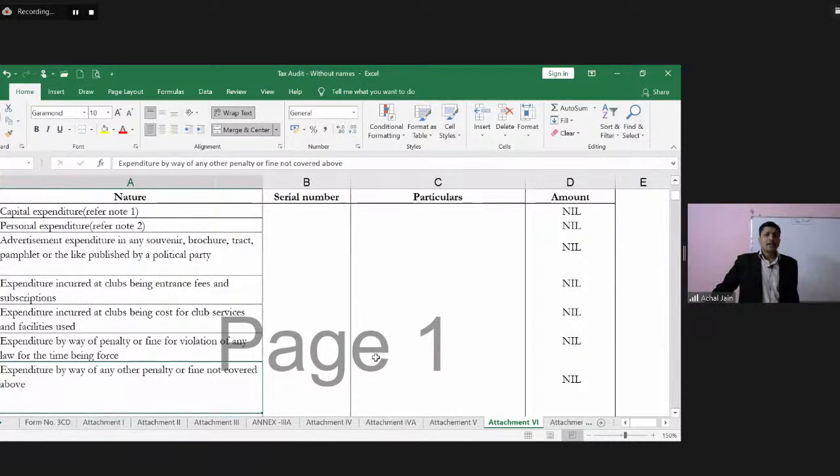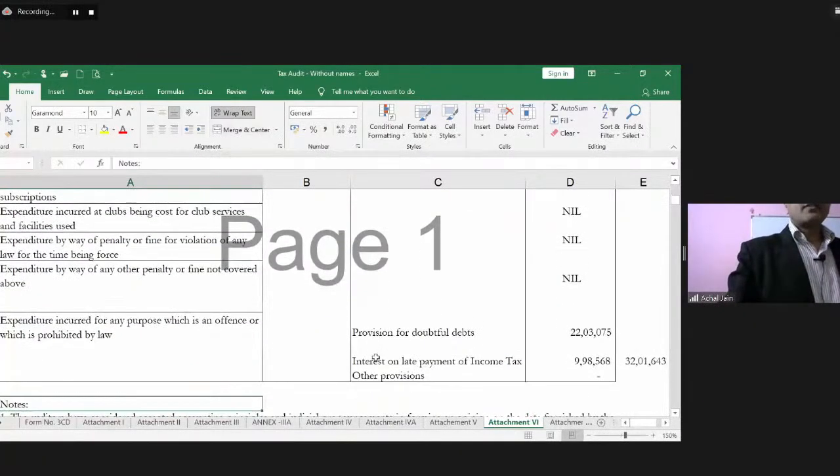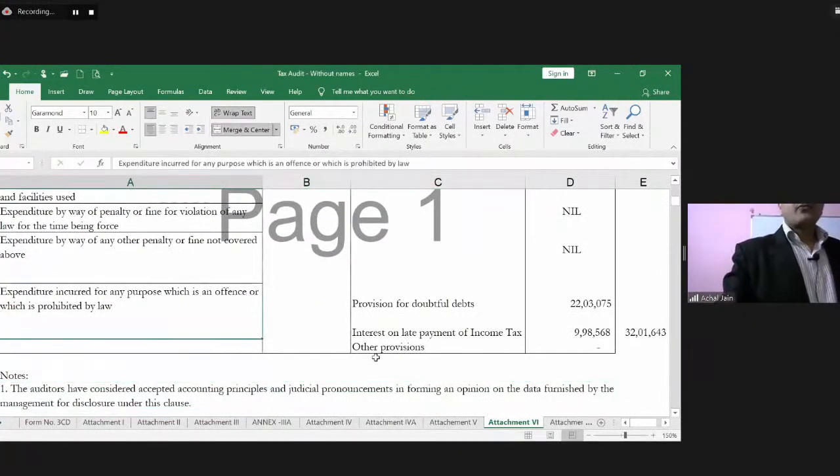Expenditure incurred at clubs, being entrance fees and subscriptions. Expenditure incurred at clubs, being cost for club services and facilities used. Expenditure by way of penalty or fine for violations of any law for the time being in force. Expenditure by way of any other penalty or fine not covered above. Expenditure incurred for any purpose which is an offense or which is prohibited by law.